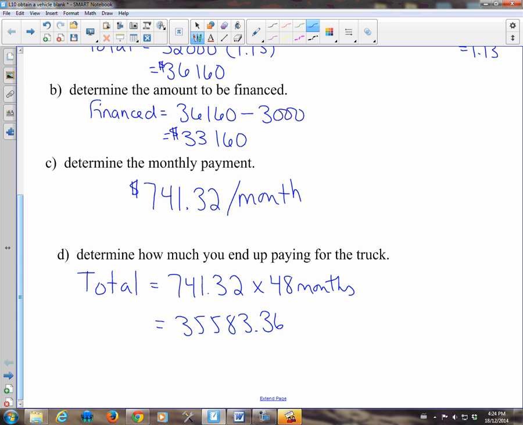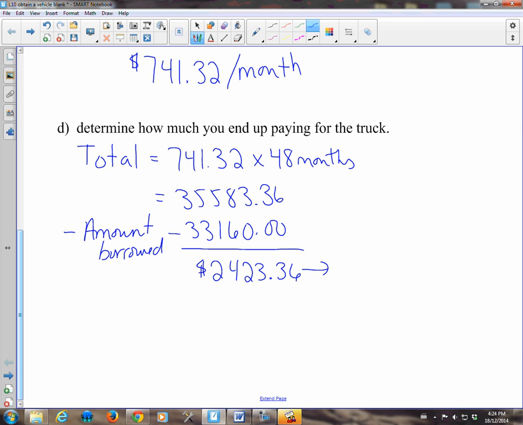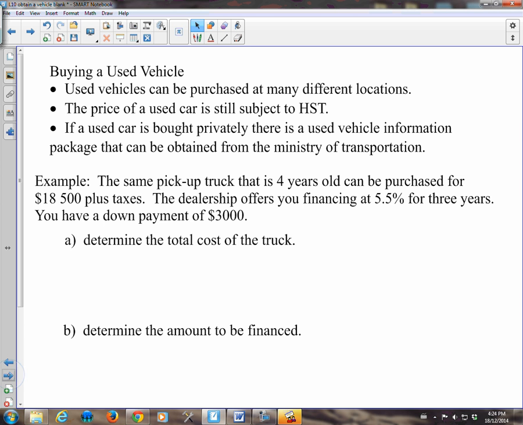And the amount you borrowed was $33,160, which means if I subtract those two, the total you pay minus the amount borrowed, I get $2,423.36, which would be the interest you're paying to buy that vehicle. So that's the cost of borrowing the money.